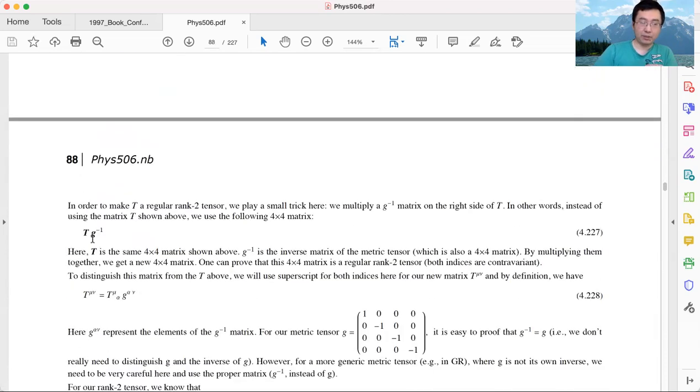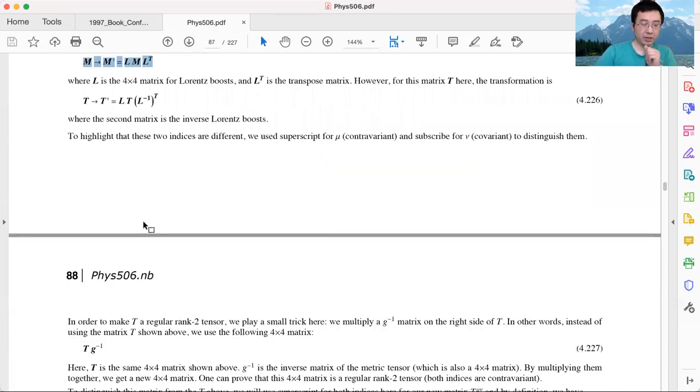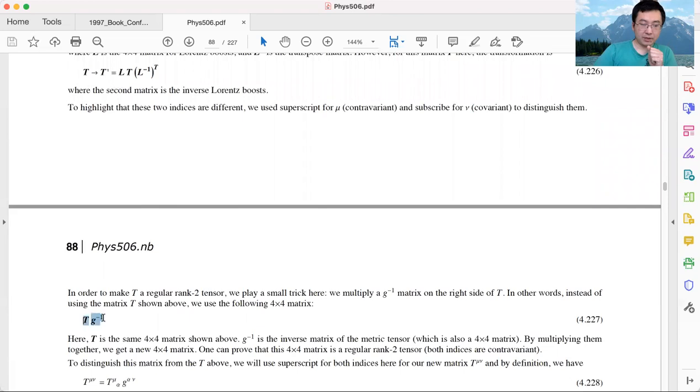But if we multiply the T matrix with the inverse of G, then it becomes a regular rank 2 tensor, and under Lorentz boost it will behave like a regular rank 2 tensor. So this is a way to get a regular rank 2 tensor.